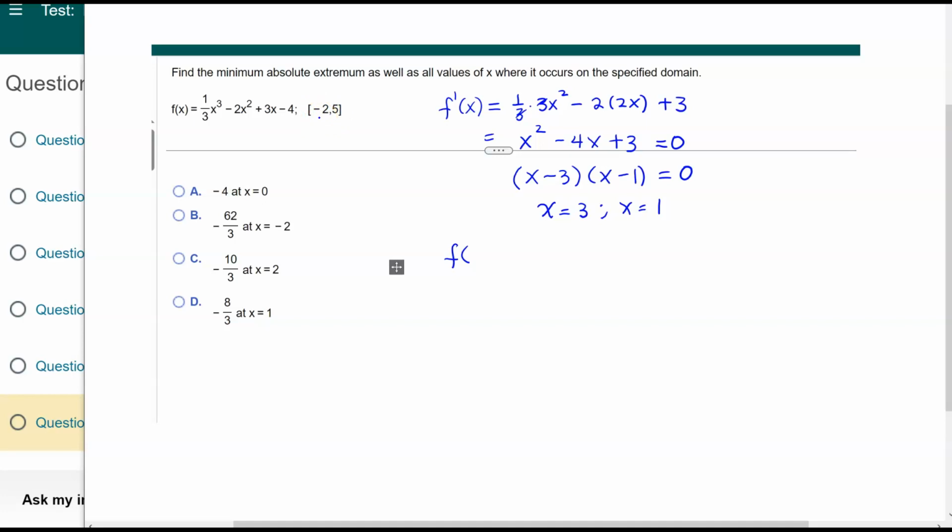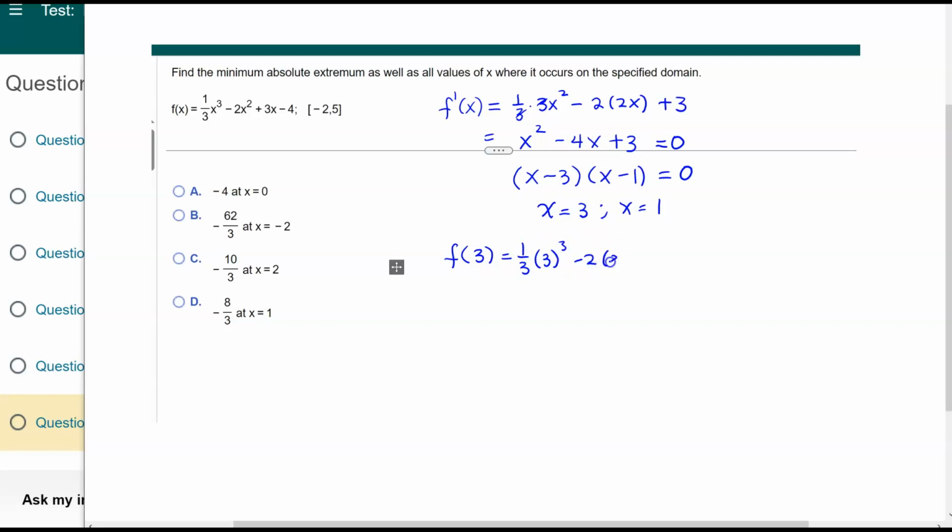We include the endpoints of the interval because if it is a closed interval, then the endpoints could also be a possible location for a maximum or a minimum value. So you have f of 3. That means you evaluate this original function at x equals 3.